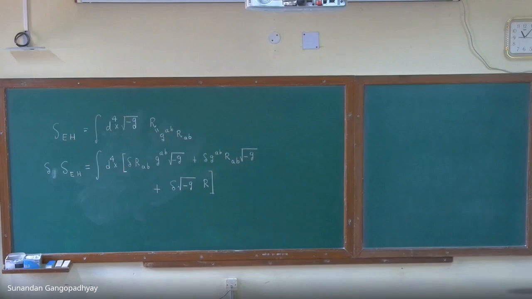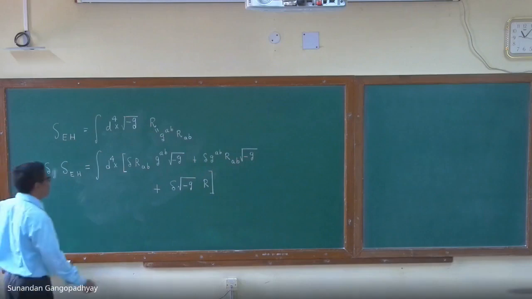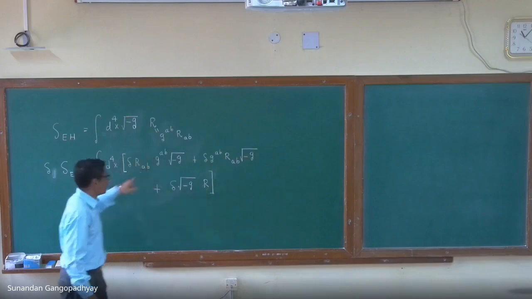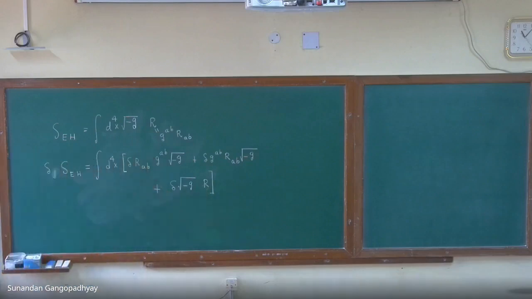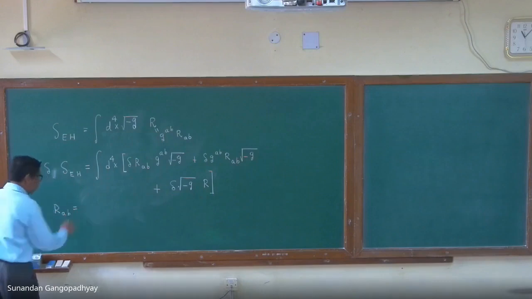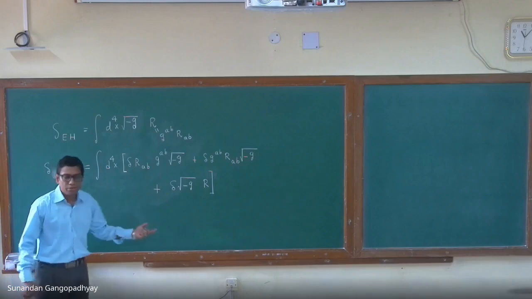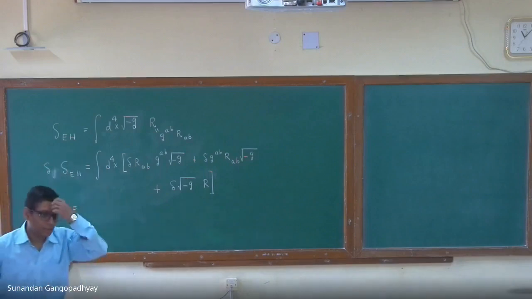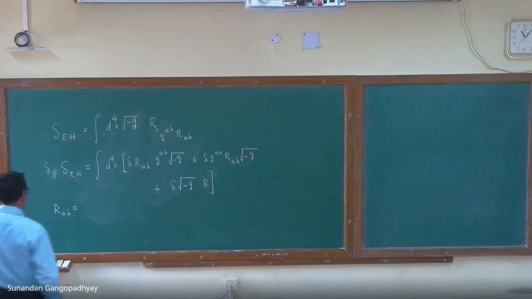Good. Let us now concentrate on the first term. Forget about these two terms. So let us write down what R_{AB} is. You know that R_{AB} is given in terms of the Christoffel connection, right? It is given in terms of the gammas.